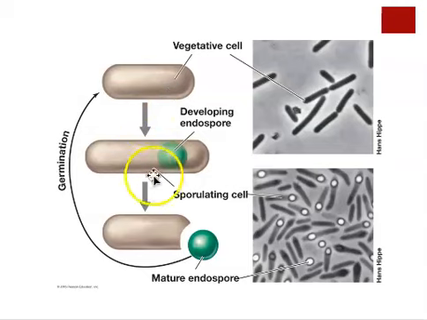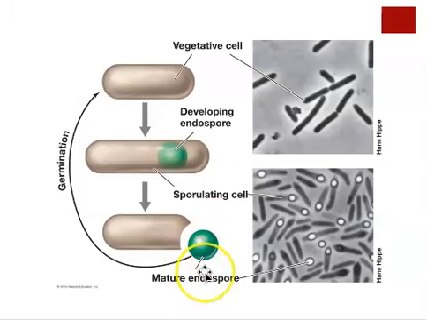What's happening inside the cell during this moment is it sort of swells up, and they've shown us that by showing the cell getting longer and longer. And it's developing this structure inside of it called, again, an endospore. Once the spore is completely formed, the rest of the cell just breaks away and disintegrates. The most important parts of the cell, though, the DNA especially, is now inside of this mature endospore.